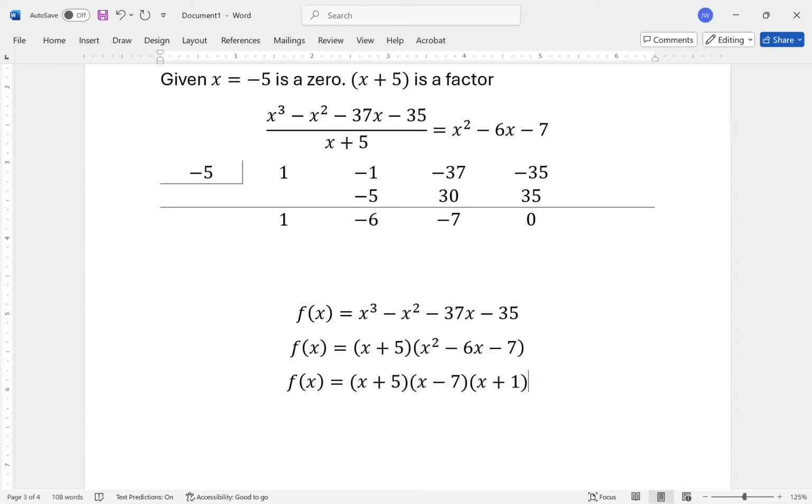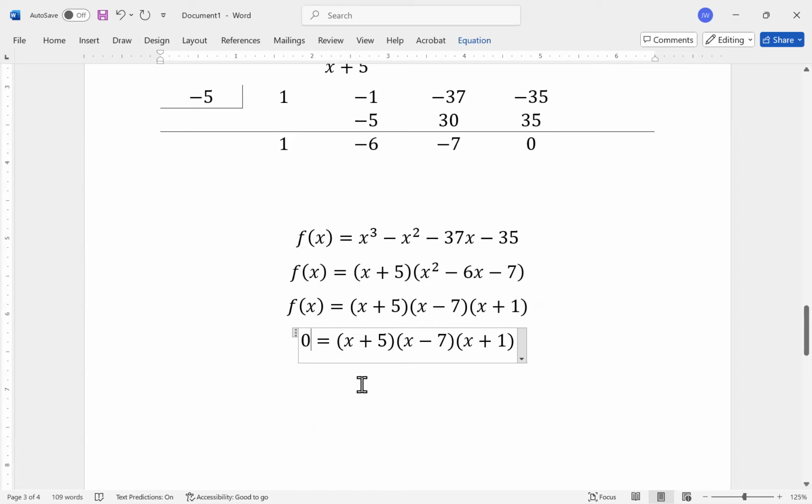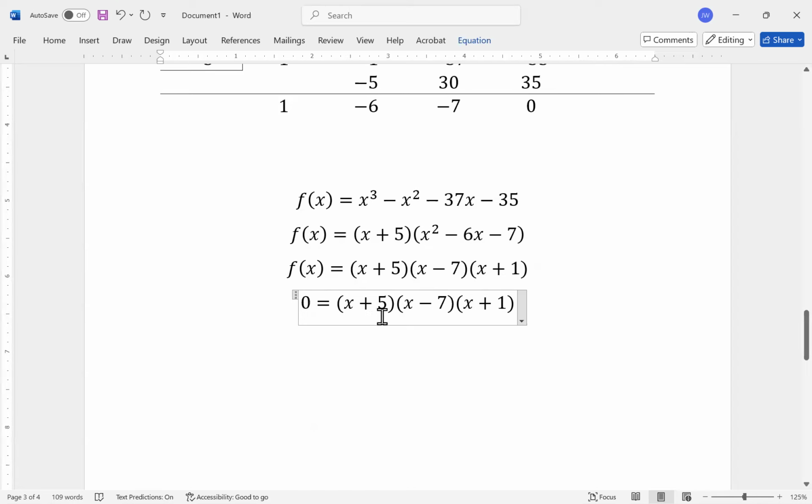If I want to find the zeros of that, I just set the output equal to 0, and then each individual linear piece I set equal to 0. So I have 3 zeros, one of which is x equals negative 5. That's the one we were given originally. The other is x equals 7, and the other is x equals negative 1.